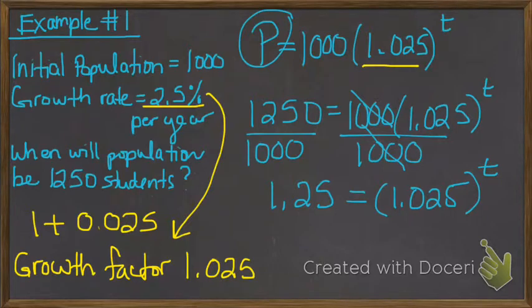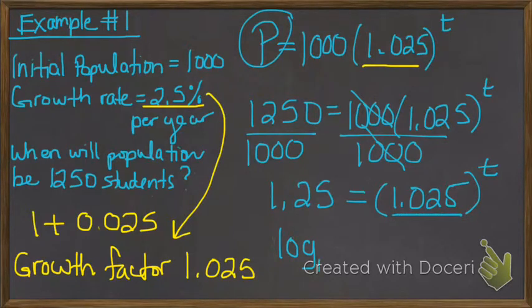Now, this should look familiar from your study of logarithms. We have a number raised to some exponent t equaling 1.25. So in other words, 1.025 raised to what power? What does t have to be in order to make that number turn into 1.25? That's how we can use logarithms to express this. Let's say that the log of our base, now in this equation, our base is 1.025.